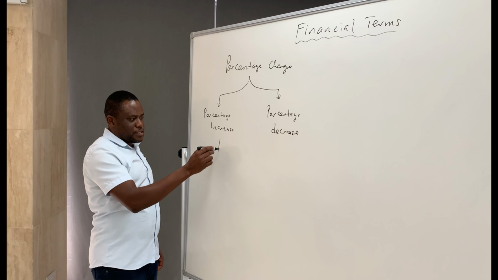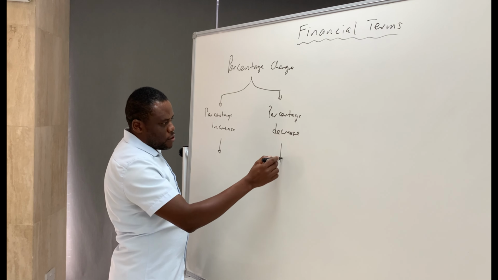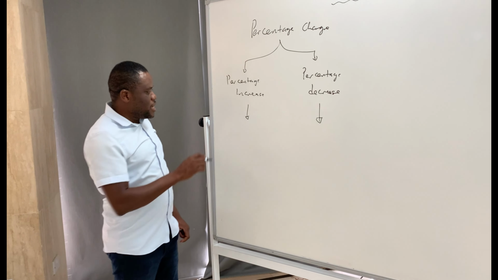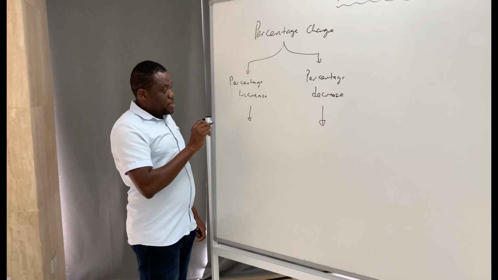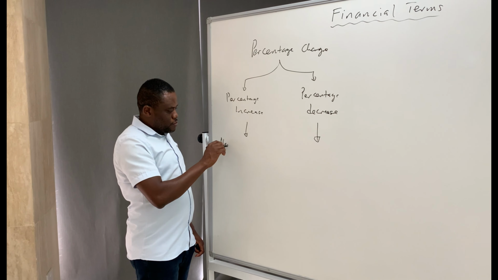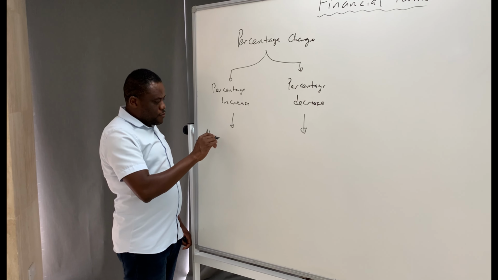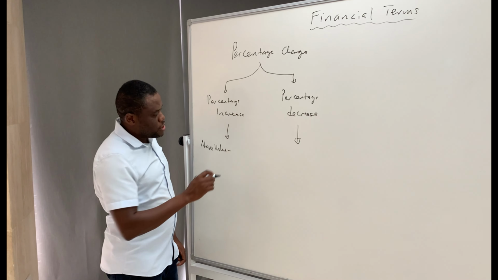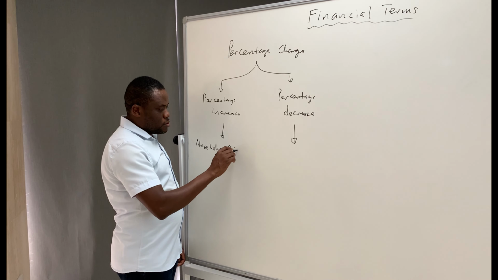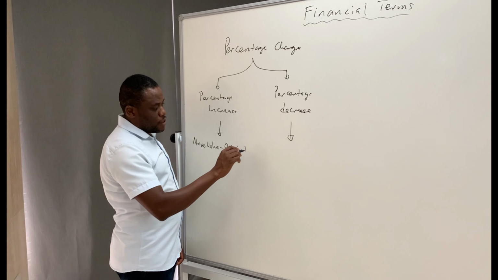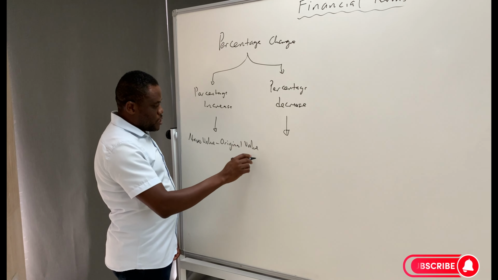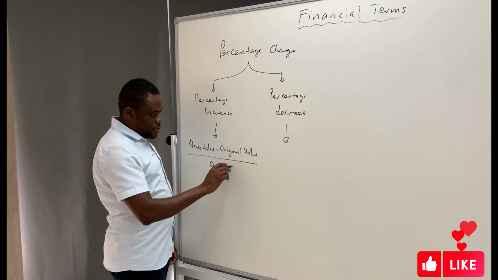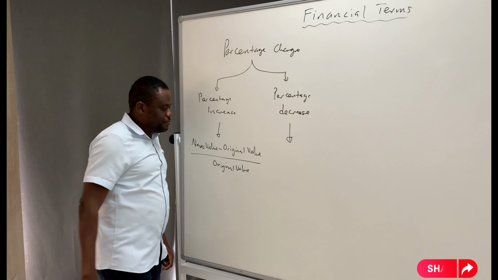Under the increase, what is the formula? Under the decrease? So for the increase, we say new value minus the original value divided by original value.